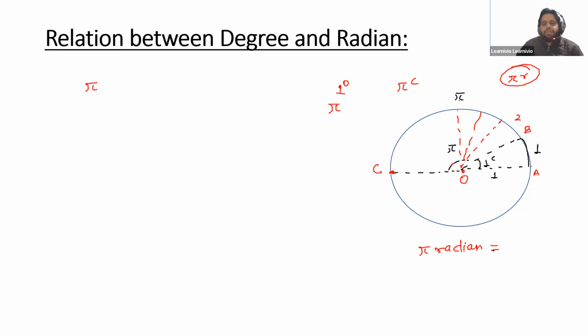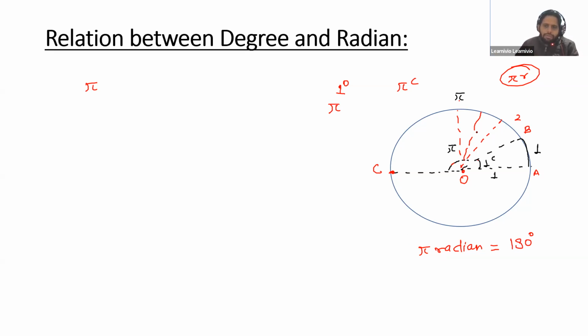Now, anyone can tell me what is this angle in degrees? 180 degrees. And in radian, this angle is pi radian. So that means pi radian is equal to 180 degrees. This is the relation between the radian and the degree. Whenever we need to convert degree into radian or radian into degree, we will use this relation.